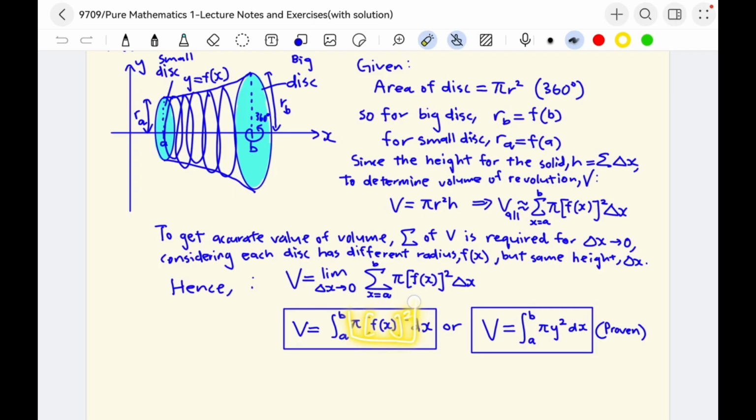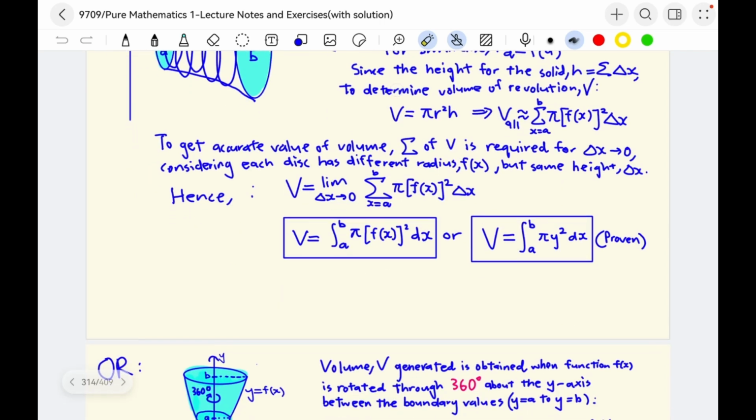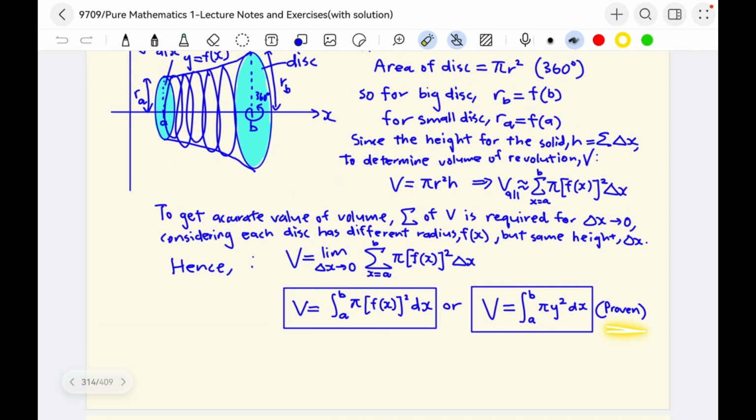So this is the area of the circle, or the area of the cross section. What about the height? It is the sum of the change of x. So this will be our height for sure. Therefore, this formula is proven.